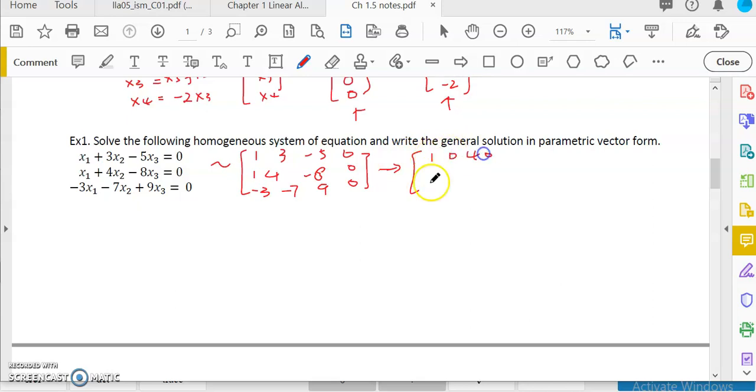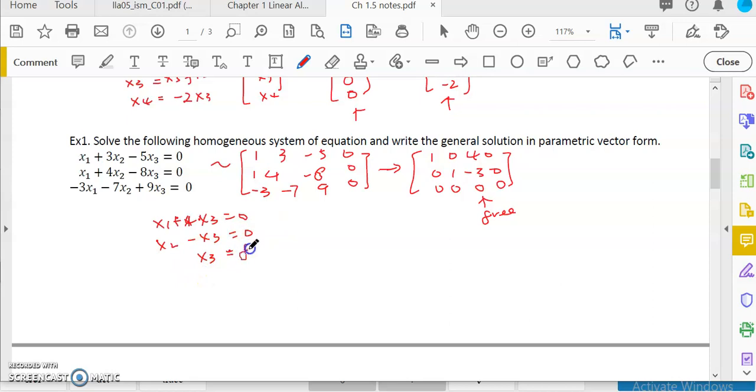How do I write it? So I have x3 is free. So we'll say x1 plus 4x3 is equal to 0. x2 minus 3x3 is equal to 0.